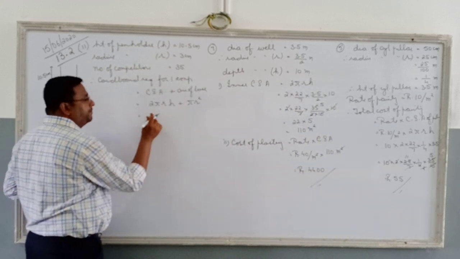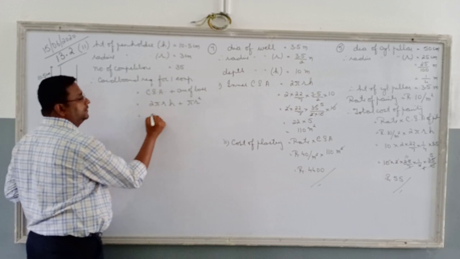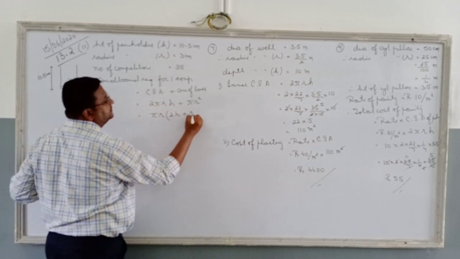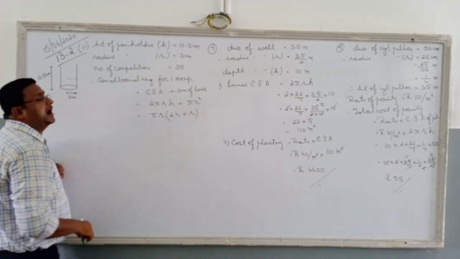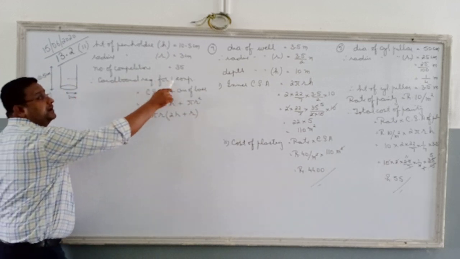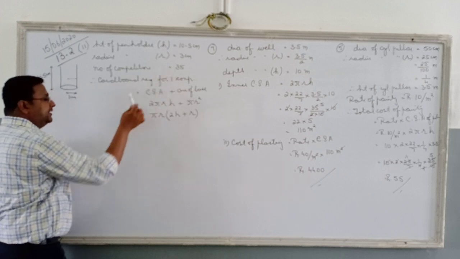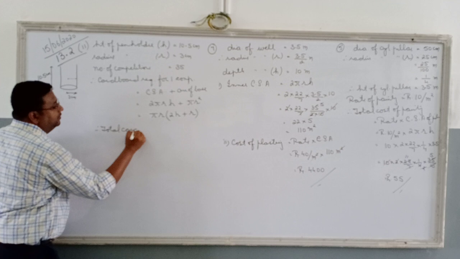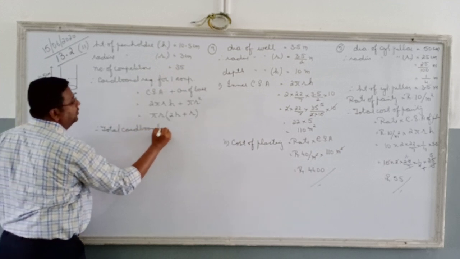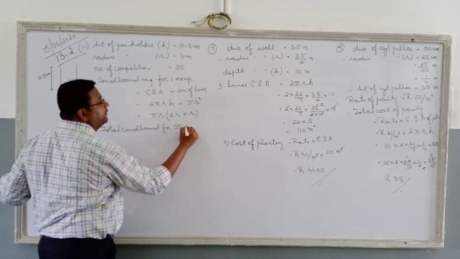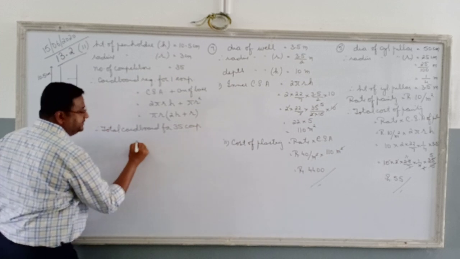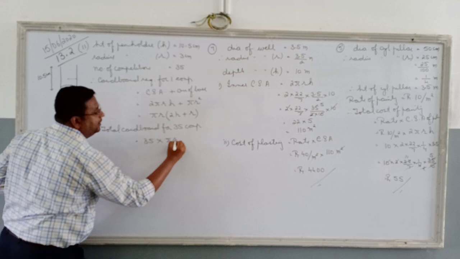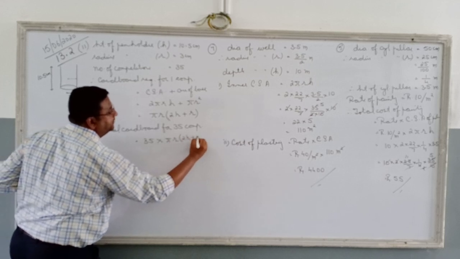So we can see, we can take things common from here. Pi is common, r is common. What is left? 2h plus r. But this is the cardboard required for one competitor. How many competitors are there? 35. So therefore total cardboard for 35 competitors is equal to 35 multiplied by pi into r into 2h plus r.